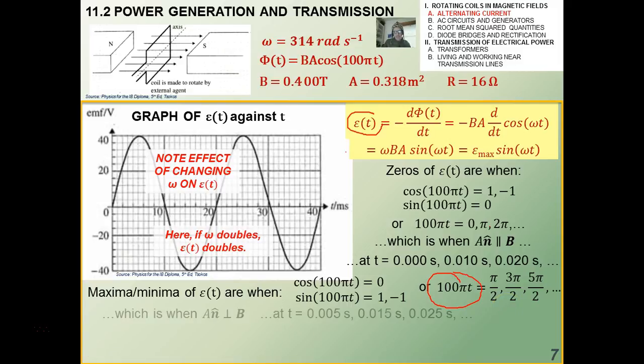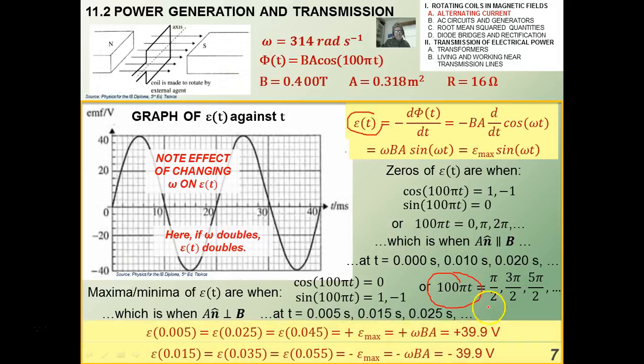And I get 0.005, 0.015, and just like before, I can find the positive induced EMF and the negative induced EMF. The reality is, when we're solving circuits and dealing with things like this, we only really care about the magnitude. In this case, the magnitude is about 40 volts, 39.9 volts. That's where the amplitude of that wave comes from. It's from this calculation.